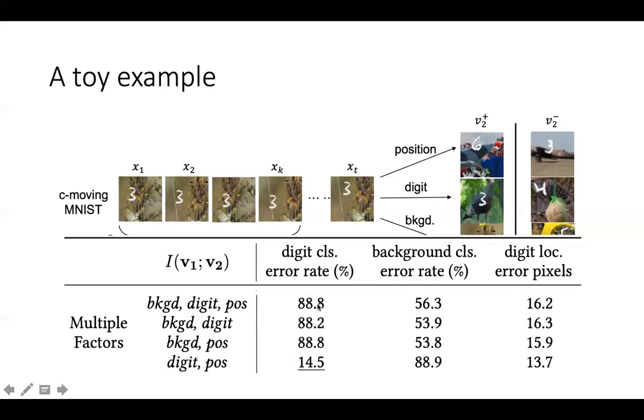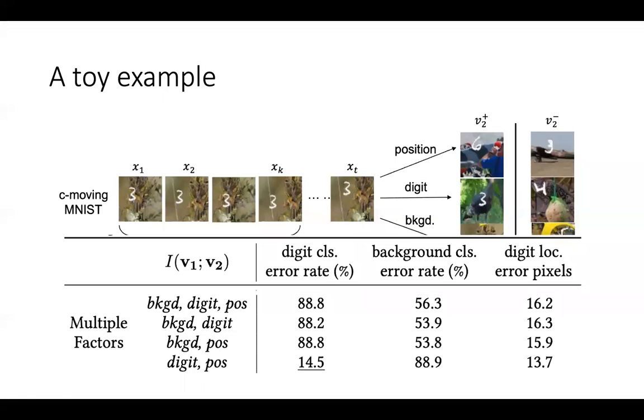So the thing is, when you have really a lot of information bits there, background is a dominant factor. It will overwhelm the other 2, so that your contrastive learning objective will not use the digit and position information to solve the contrastive task.